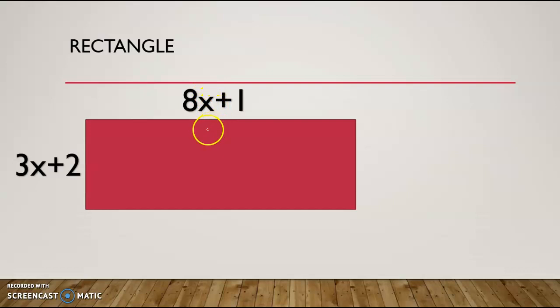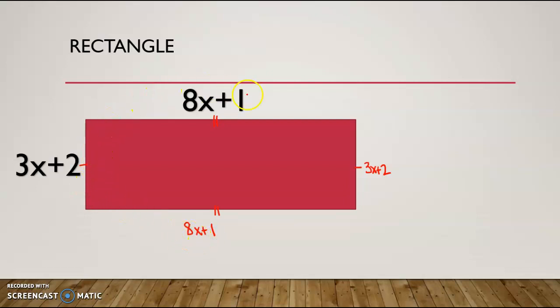So some things we know about rectangles, most of you guys are in geometry, that these sides are congruent to each other. So if this side is 3x plus 2, this side is also 3x plus 2, and this longer side is also congruent to this other side. So this is also 8x plus 1.